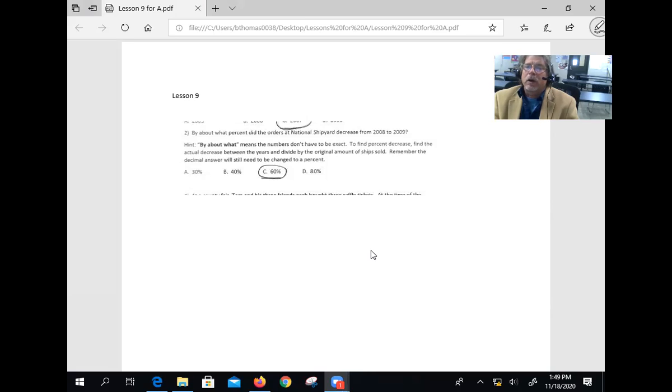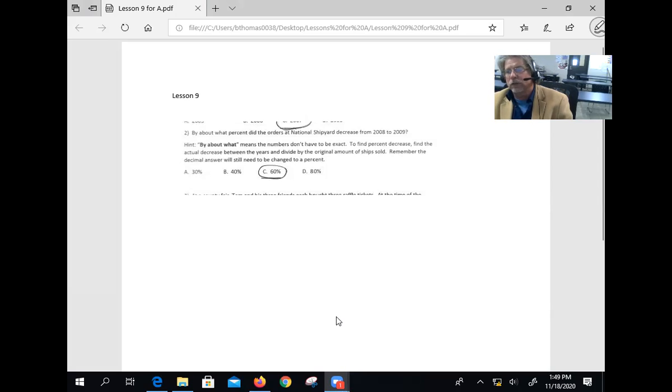And by about means the numbers don't have to be exact. To find the percent decrease, find the actual decrease between the years, and then divide by the original amount of ships sold. Remember, the decimal answer will still need to be changed to a percent. So that's a mouthful still.